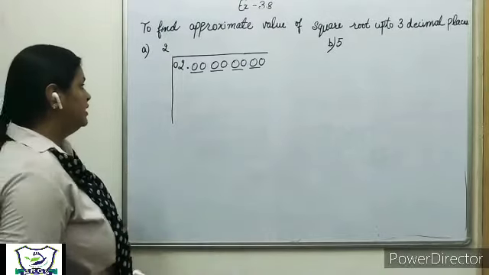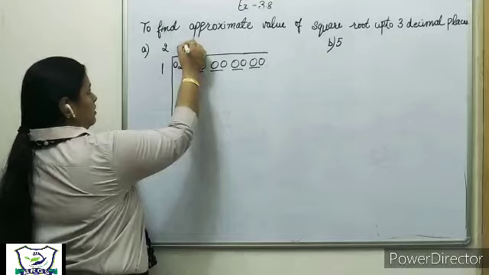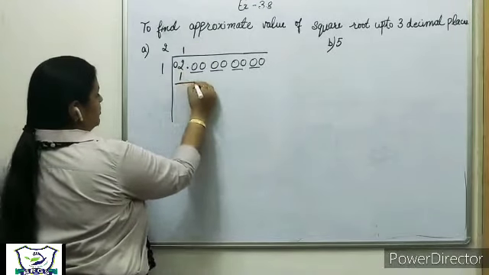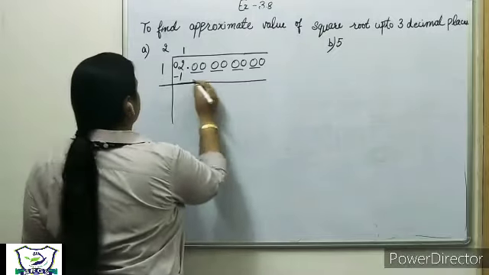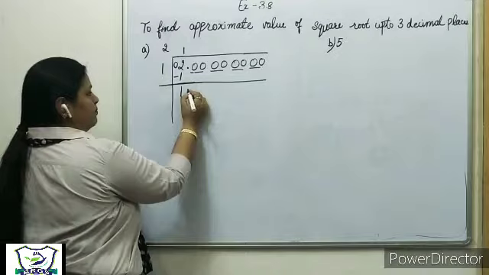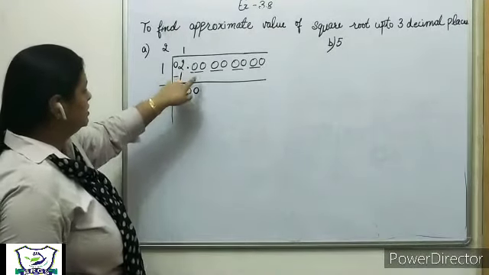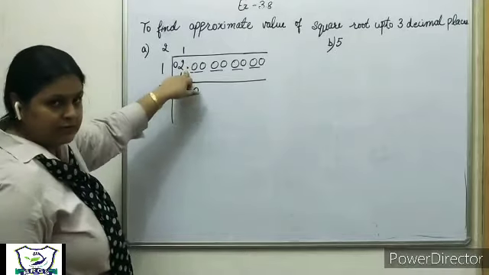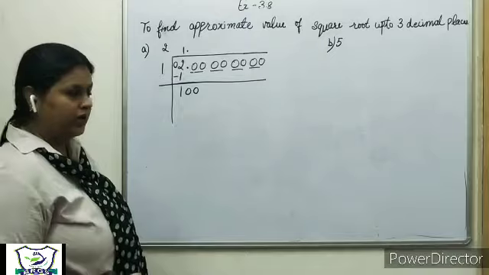Now 2 is not a square number, so we will go for 1 ones are 1. 1 ones are 1. 2 minus 1. Now after the decimal, these 2 zeros, one pair, will come down, and this 0 0 pair is after the decimal point. So we will put a decimal point in the quotient. Okay.